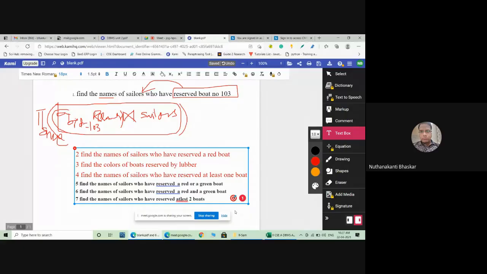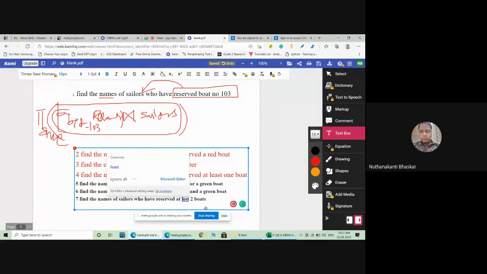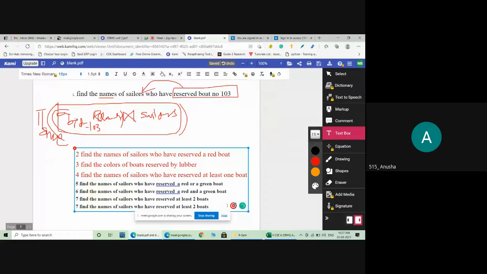I want at least they have to reserve two boats. This is the seventh query. Clear? All of you clear this? Seventh query is clear.